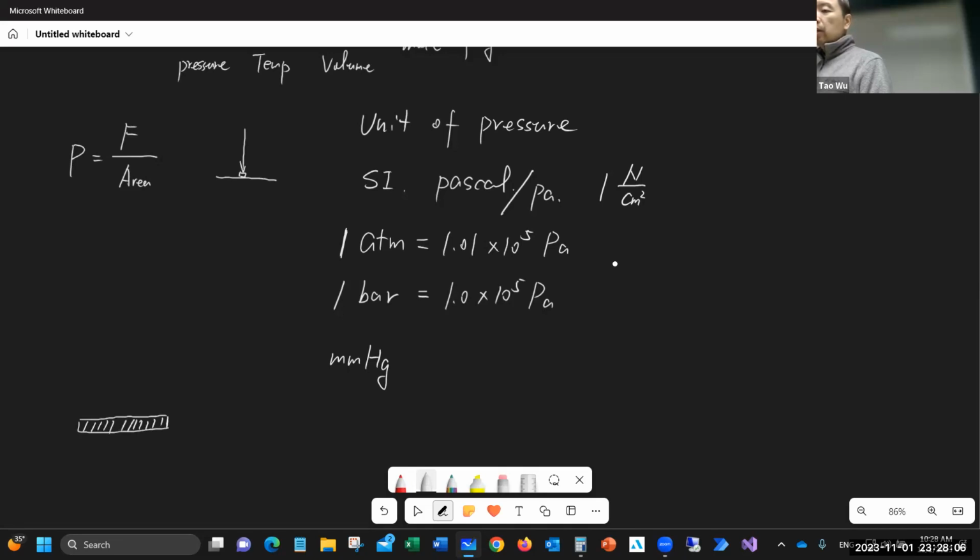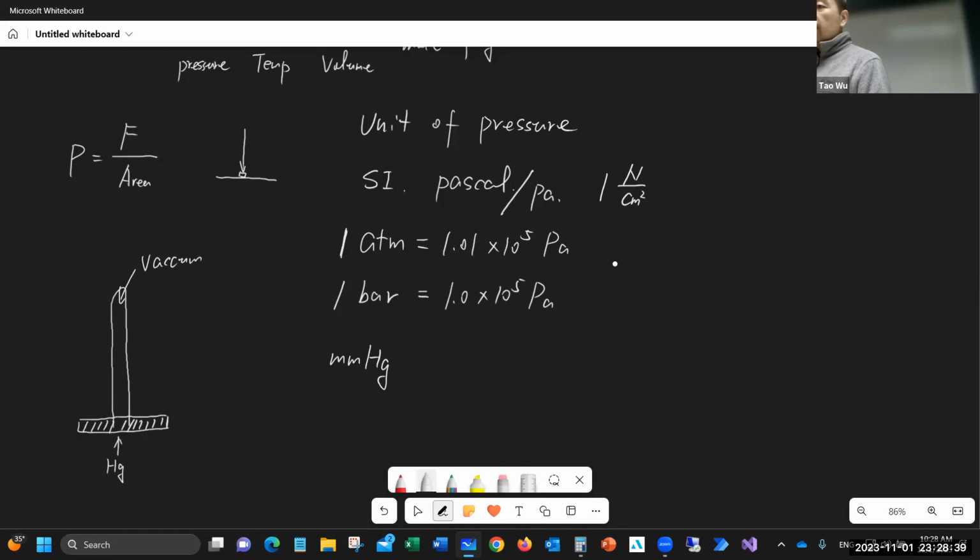They put quite a lot of mercury in it. Then they put a tube inside the mercury, but this tube is a vacuum tube. They suck everything out of this tube, so it's a vacuum.